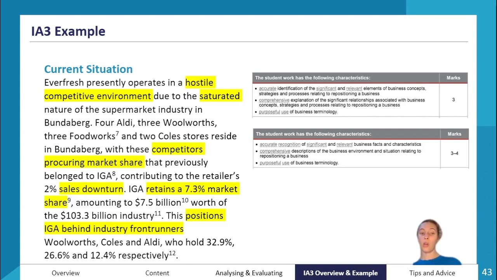And then going into detail with some statistics around the market share of the business and how it relates to other businesses comparatively in terms of that market share. So all of those yellow bits that are highlighted there, they are examples of using that business terminology that we can see crops up in the criteria a lot.